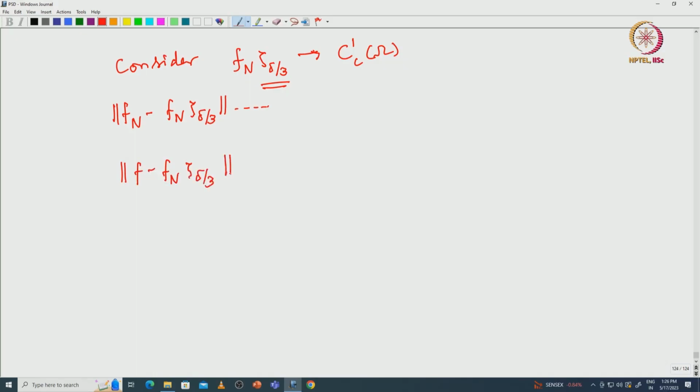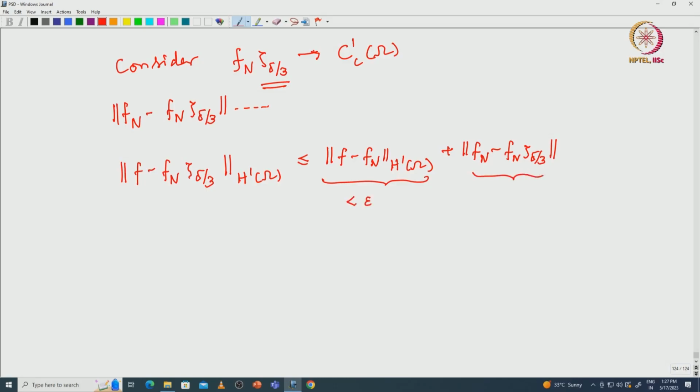So, by triangle inequality, the H1 omega norm of this is less than or equal to the norm of f minus fn plus the norm of fn minus fn j delta by 3. Okay. So, this is already under control. So, this is less than epsilon, and here also you get some constant, you may get some epsilon.